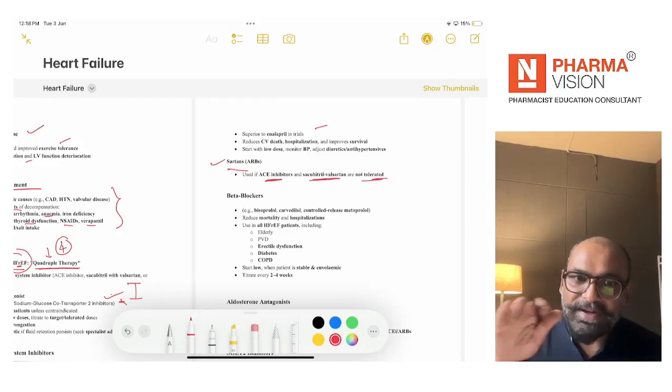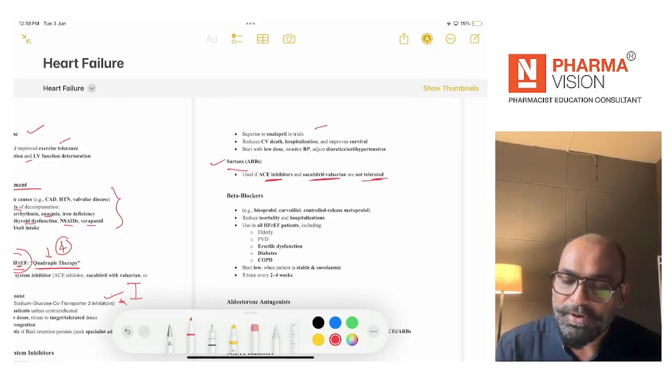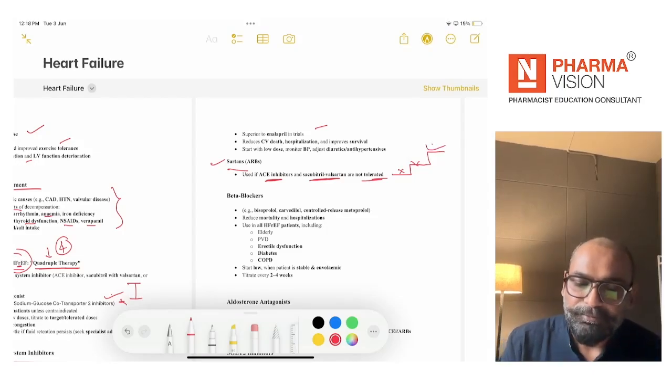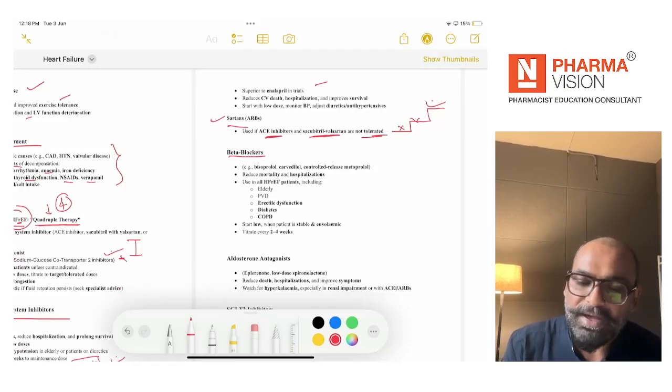So you have to understand the steps for the selection of medications. ACE inhibitors or this combination, if these two are not appropriate for the patient, in that situation we can go with the ARBs.